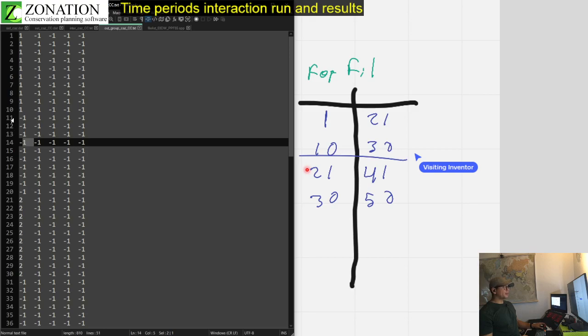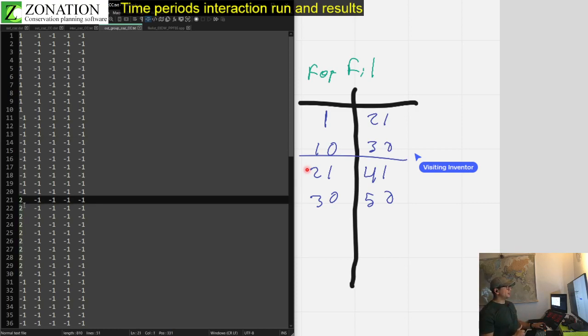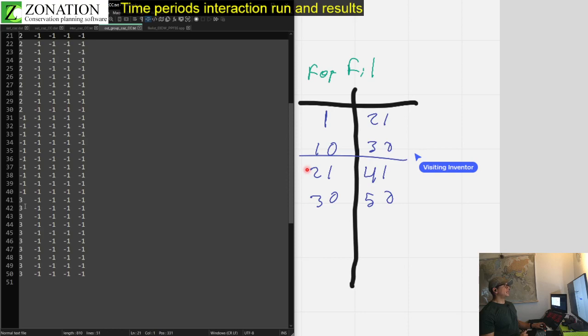Then whatever comes between lines 11 and 20, you need to forget about that. Then this is group number 2. Same thing over here. Please do not consider anything between 31 and 40. And finally, we need group number 3 here. So that's how things are basically set up.